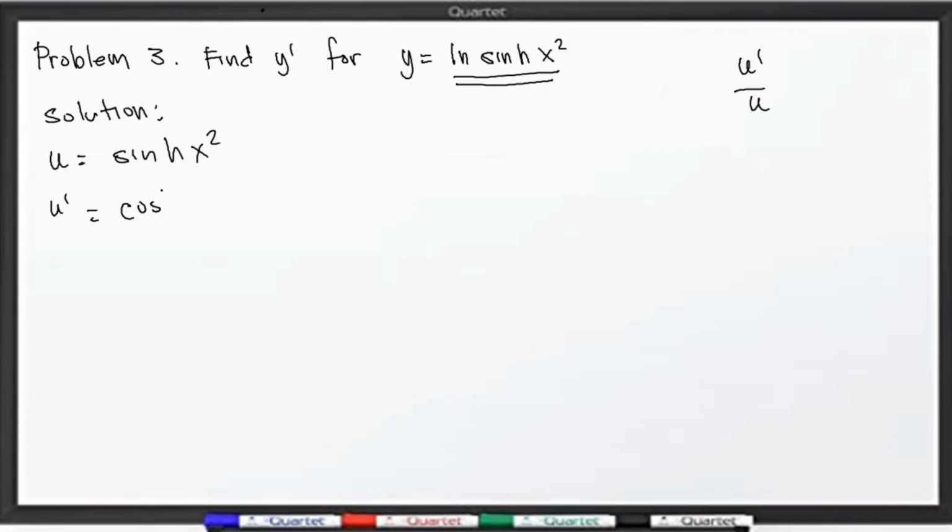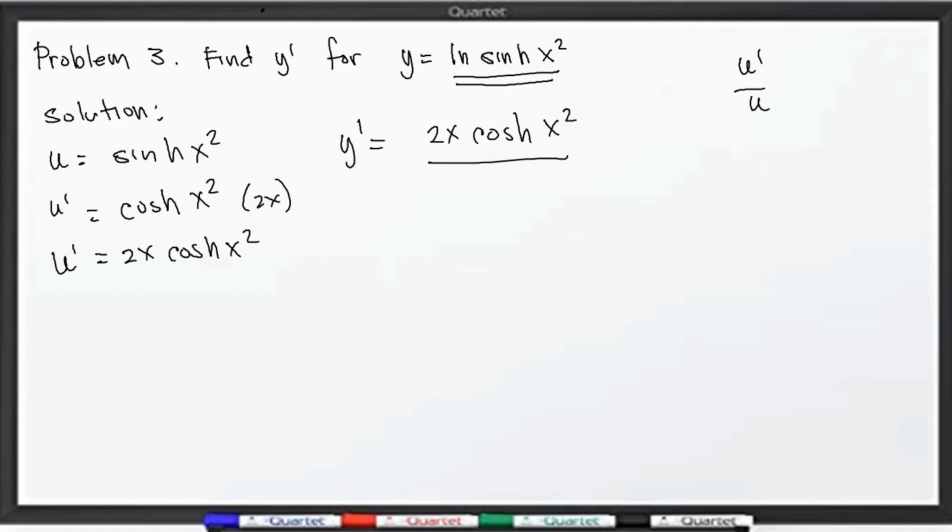U prime will be cosh x squared times du dx. That will be times 2x. So this will be our u prime. Let us rearrange. The order of the factors does not affect the product. 2x cosh x squared. So basically, u prime over u, y prime, therefore, is equal to 2x cosh x squared all over u, which is sinh x squared.